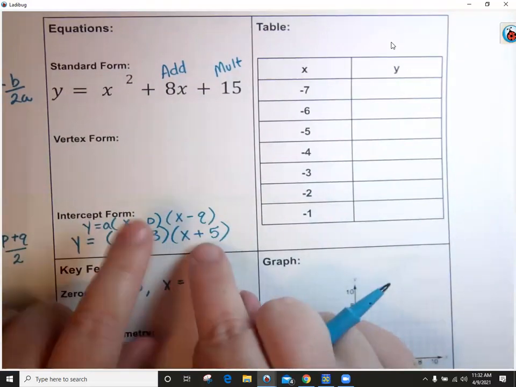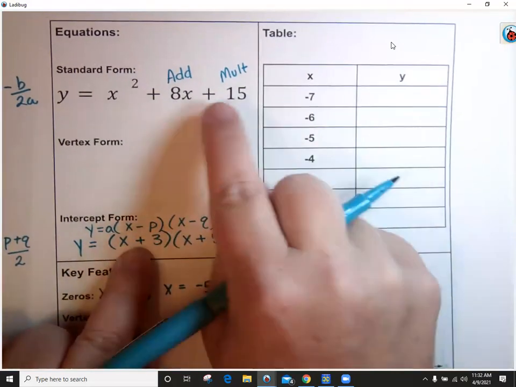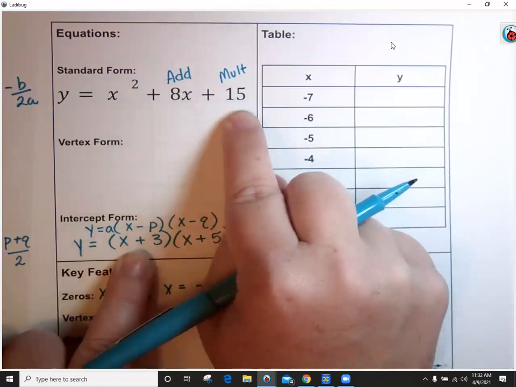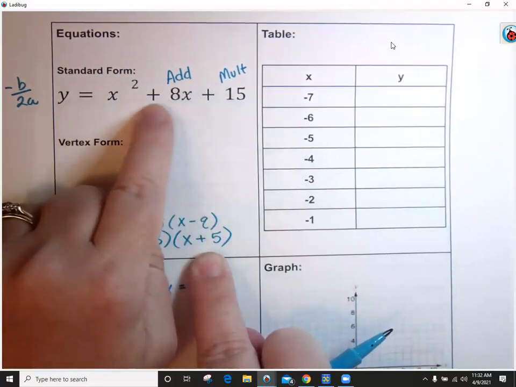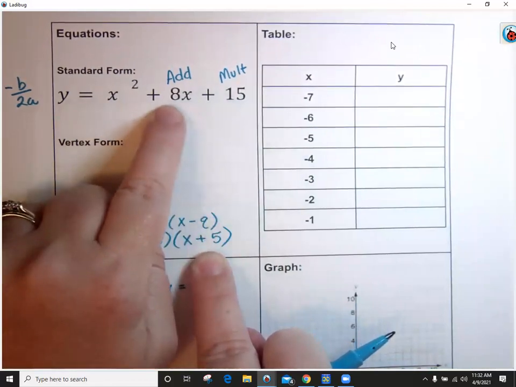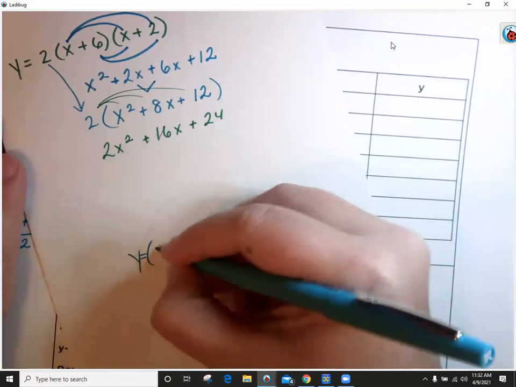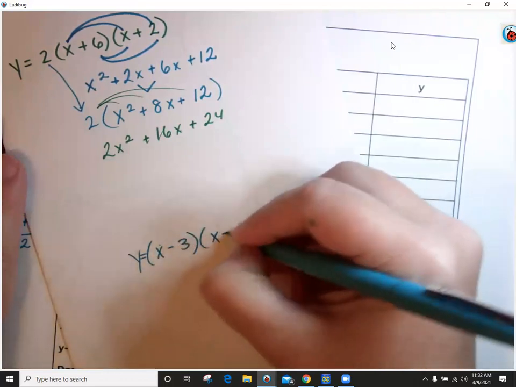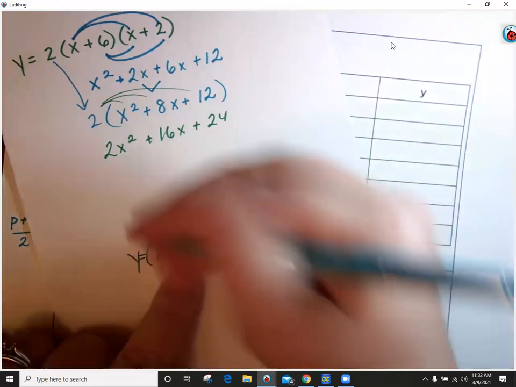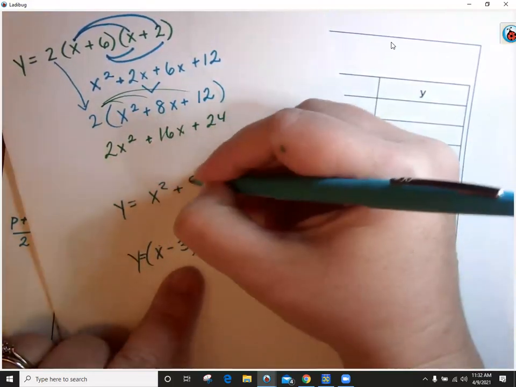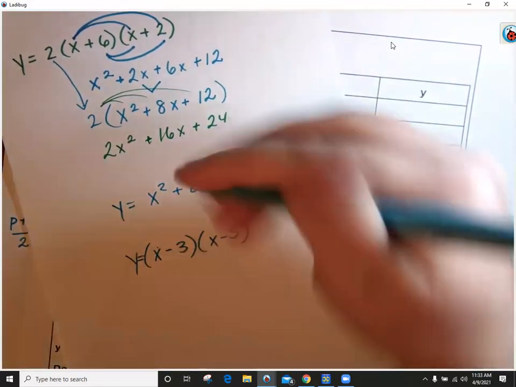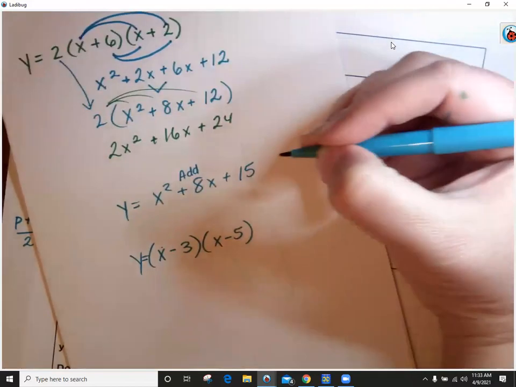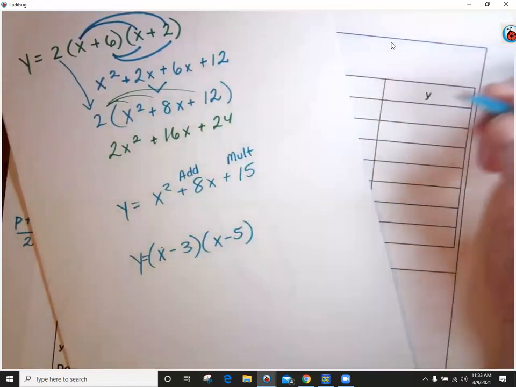Yeah. Okay, so if they were both negative, they would multiply to -15. But if we had a -3 and a -5 and we added them, they would add to -8. If our equation was like this, so these two numbers, when we're converting from standard to intercept, they've got to add up to this middle number and multiply to the end number.